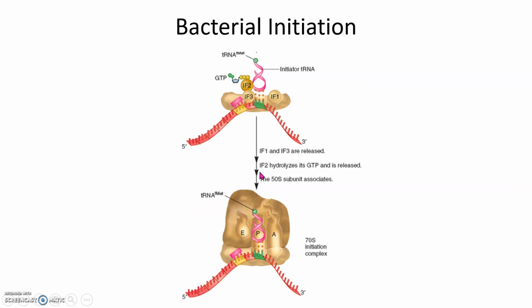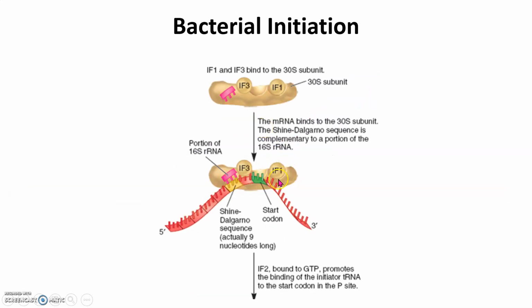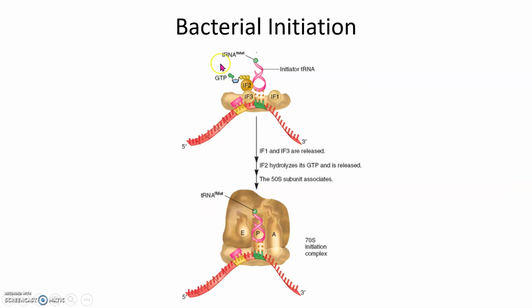So we have our small subunit, the initiation factors, and now our mRNA molecule in its correct position. Then we have initiation factor 2 that brings our initiator tRNA with it, and this is a formylmethionine. It's a modified methionine attached, and this is how we do our start codon in bacteria.